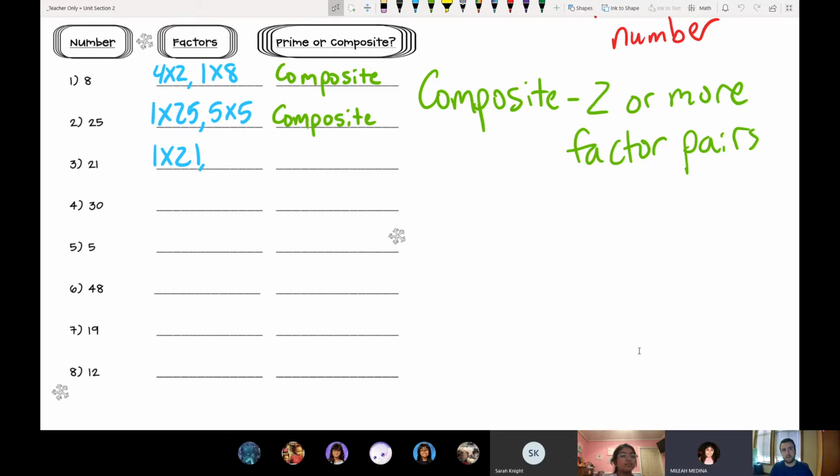It's a prime number. You couldn't come up with any other factors? I think there's one more out there. 2 times. Remember, 21 is odd and 2 is even. And if we skip count by an even number like that, it's always going to be even. So it won't land on 21.